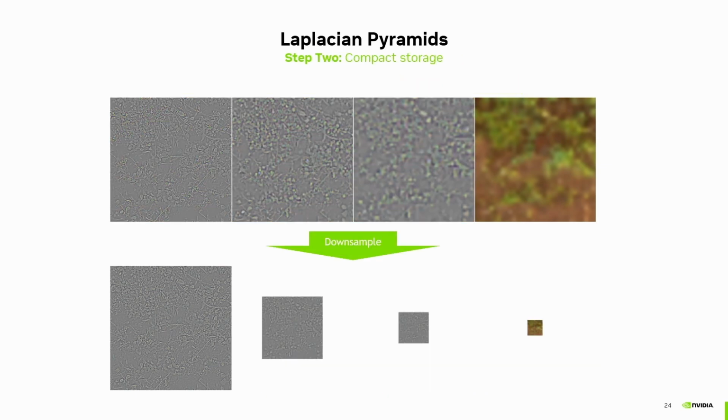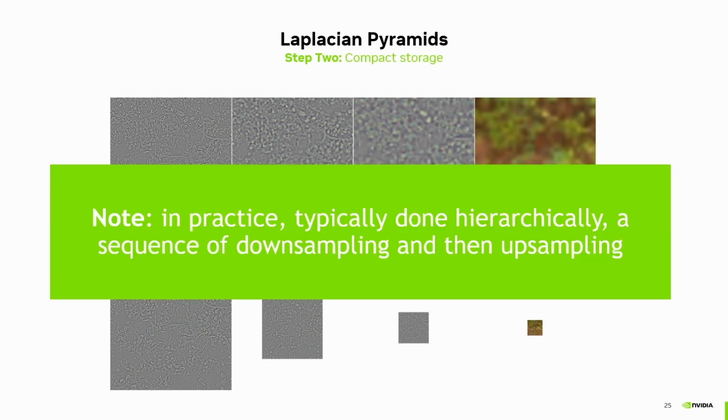Similarly to Gaussian pyramids, Laplacian pyramids can be downsampled and compacted for efficient memory storage. And this is obviously a simplified version. In practice, it's typically done hierarchically, with a sequence of downsampling and upsampling, but this is irrelevant because I will show you later that we don't even need to construct those pyramids.